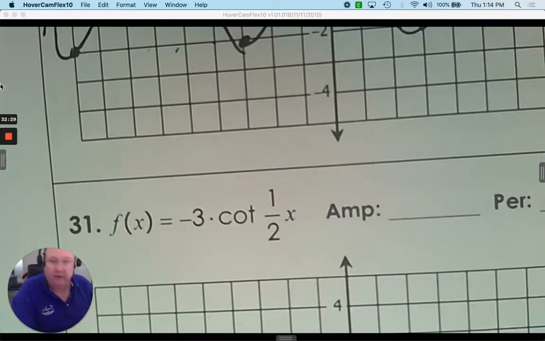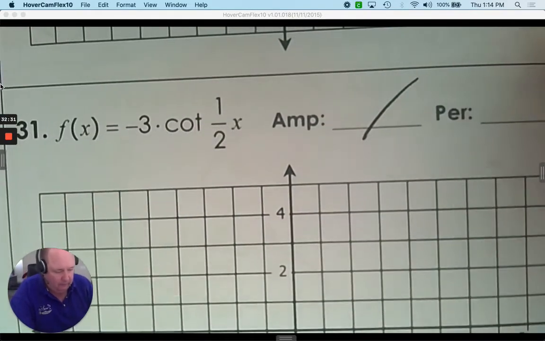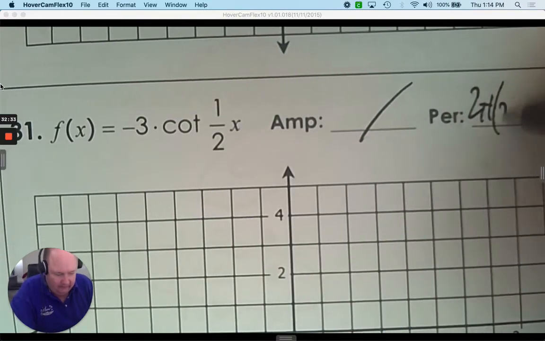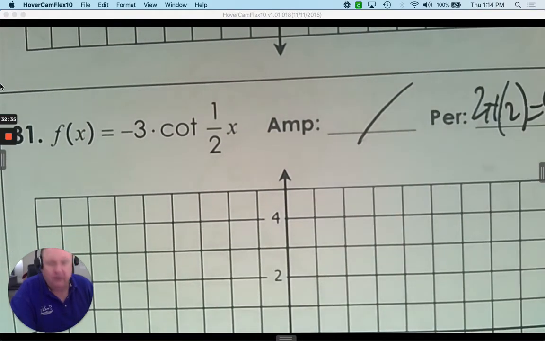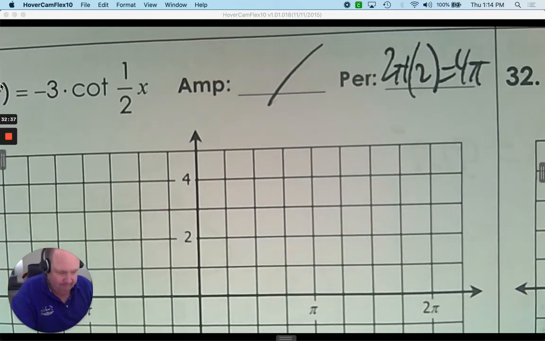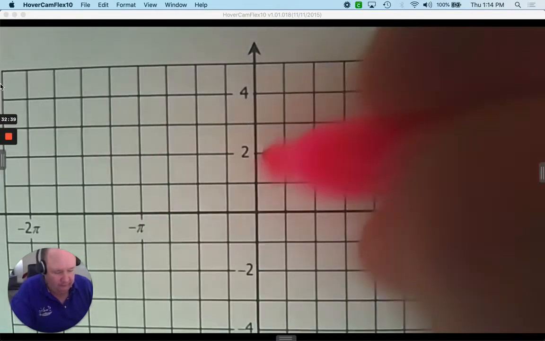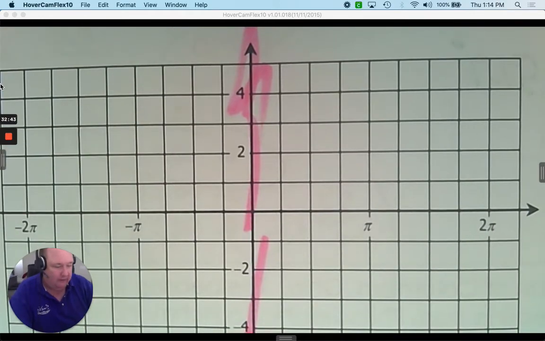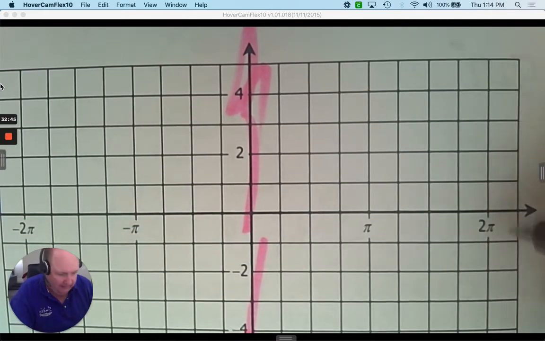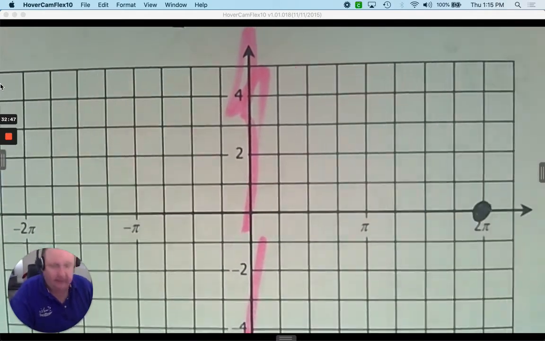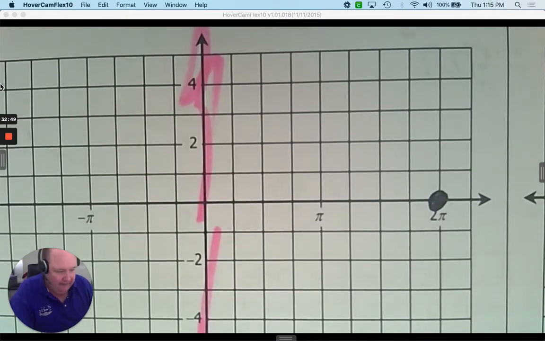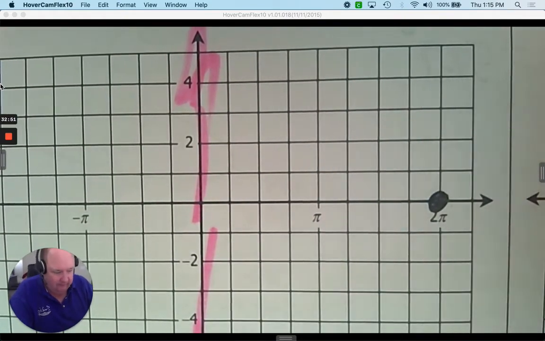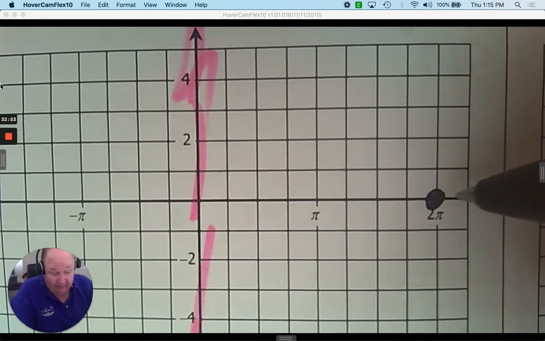Number 31, cotangent has no amplitude. The period would be 2 pi times 2, which is 4 pi. Cotangent starts with an asymptote. We can find 4 pi for another asymptote, so halfway there is 2 pi, and that would be a point of inflection. Negative cotangent goes up to the right and down to the left.